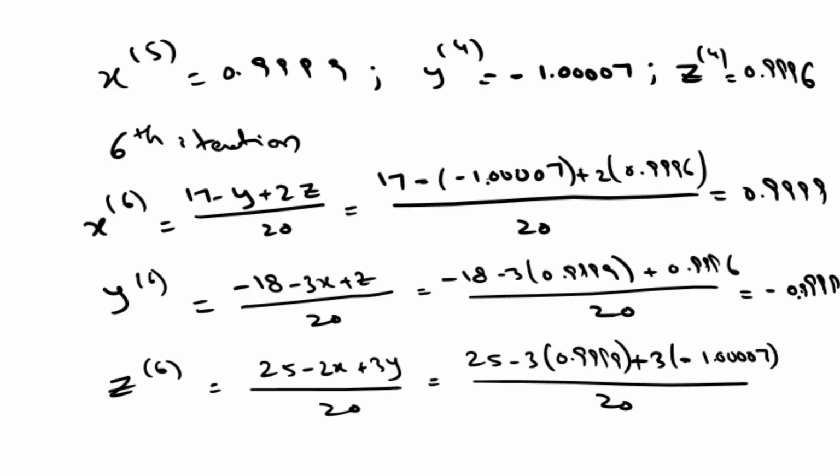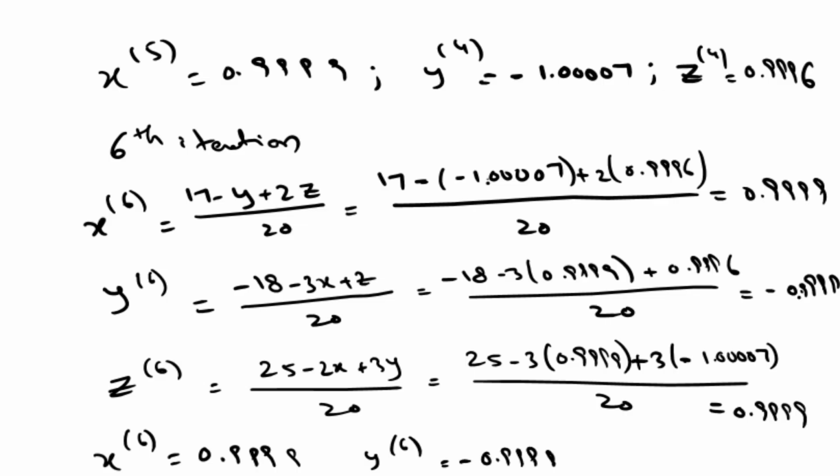You can find the value of z in the sixth iteration is 0.9999. The values are x in the sixth iteration 0.9999, y in the sixth is -0.9999, z in the sixth is 0.9999.